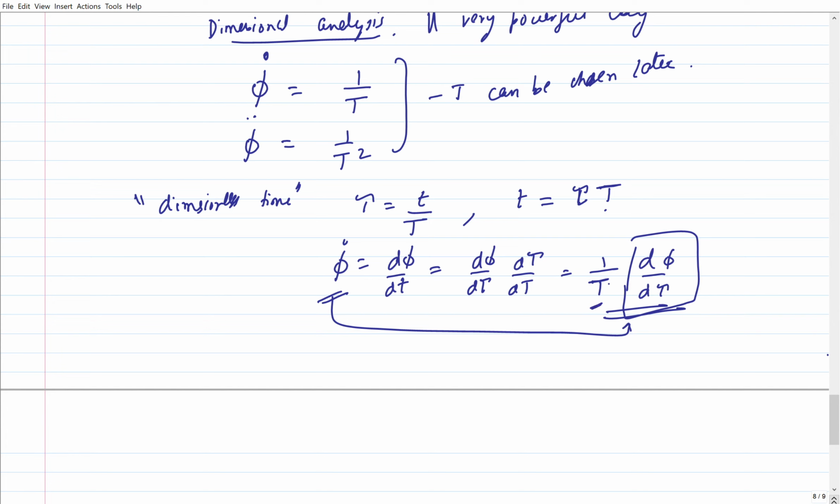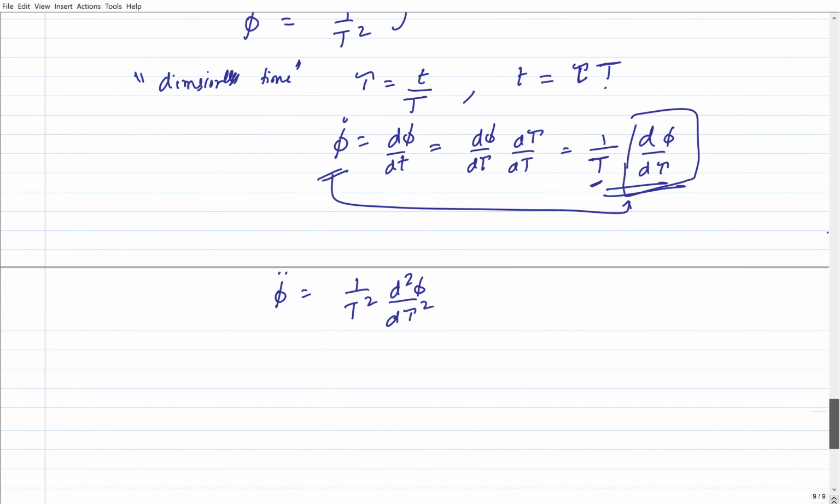The units of time gets extracted out. Similarly, phi dot dot can be written as 1 over T square d square phi by d tau square. You apply the chain rule and you get this.